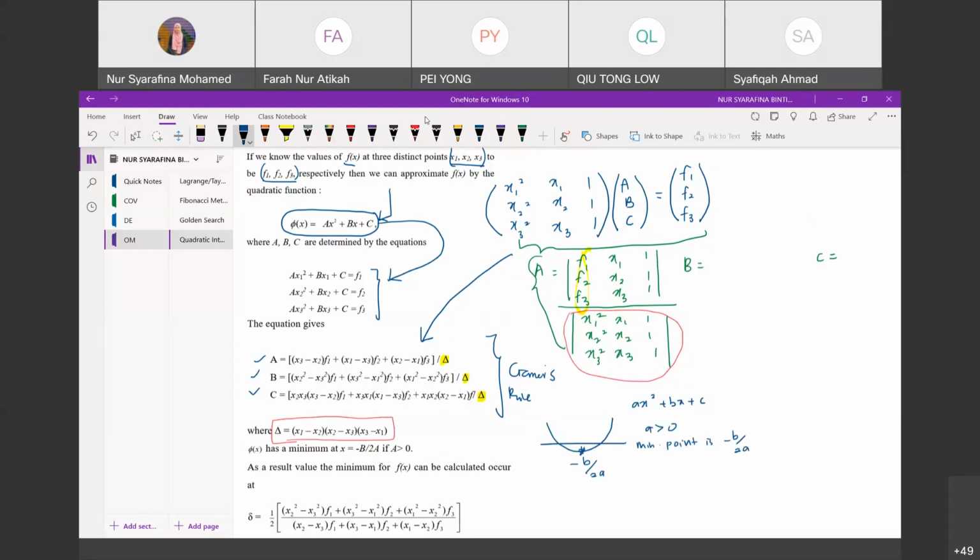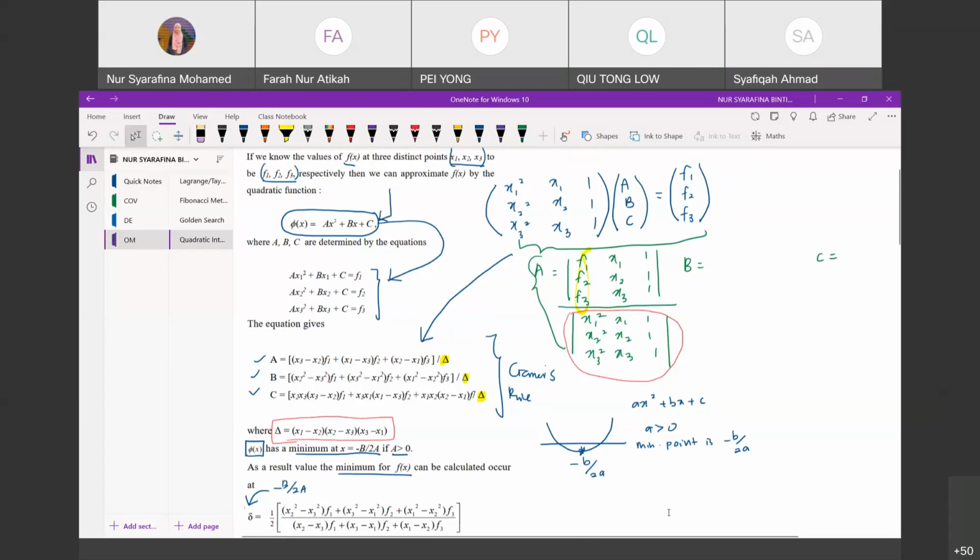So in quadratic interpolation, the function has a minimum at x equals minus b over 2a if a is greater than 0. If a is less than 0, then you find the maximum point. As a result, minus b over 2a, with 2 times this a, gives the minimum of f(x), which is given by delta there.